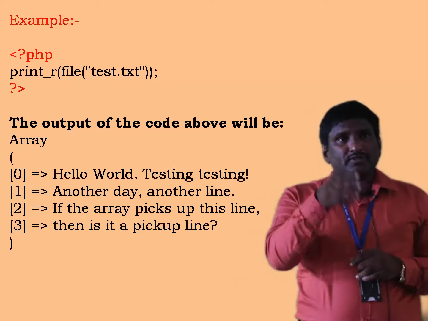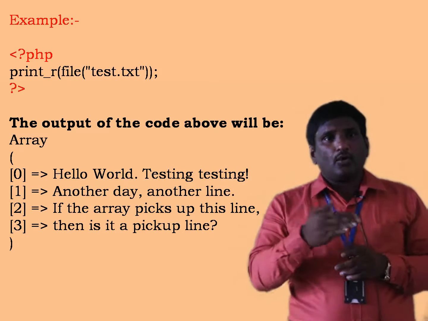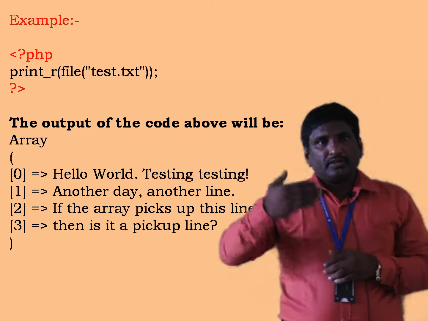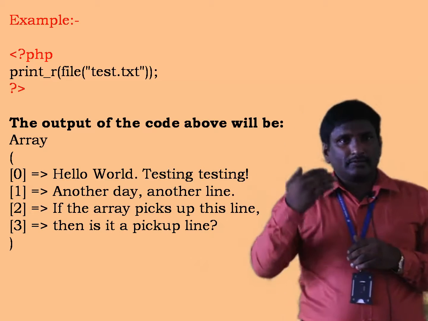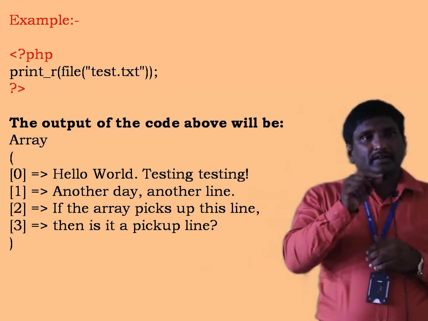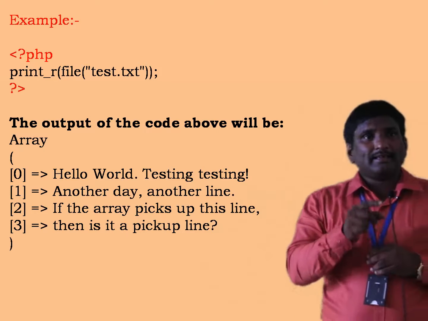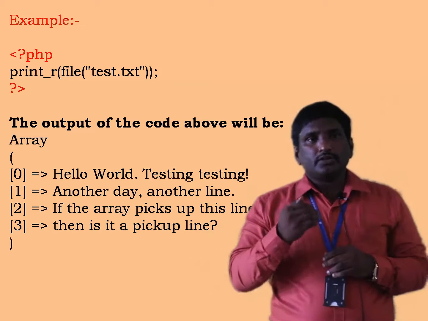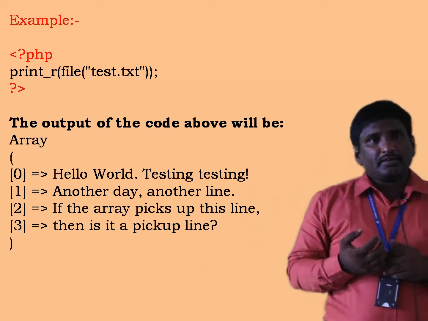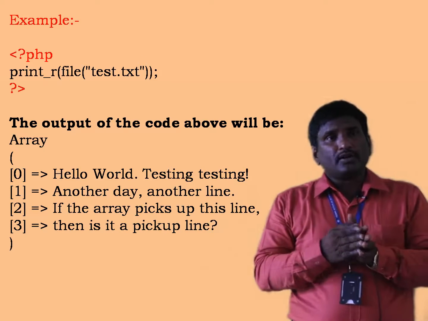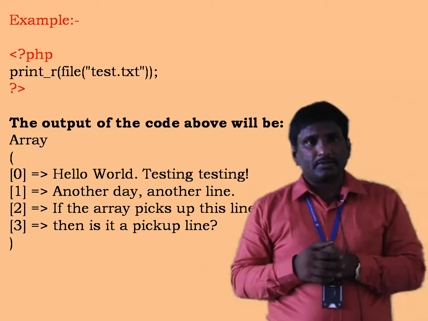The content available in test.txt is hello world, and each line points to an element, so line by line you can read, with each line having keys as indexes 0, 1, 2, 3 and so on. So in order to read the file into an array, you go for the file function, which has 3 arguments.